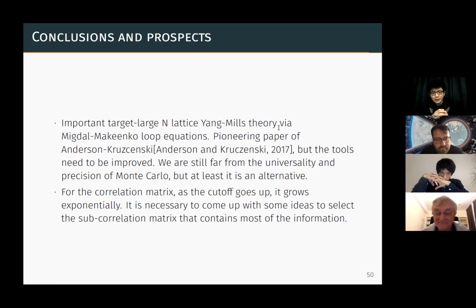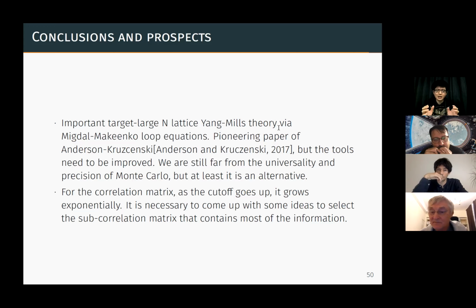And for the correlation matrix, we are imposing all the conditions on the correlation matrix. I mean, the positivity of the correlation matrix is equivalent to all its principal minors being positive. But it is unlikely that all the submatrices contain an equal amount of information.